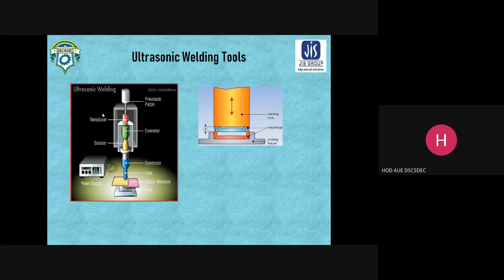Now obviously this booster is well tuned depending on the requirements. So what happens? It resonates at a specific frequency so that it can transfer the ultrasonic energy which it has received from the transducer.